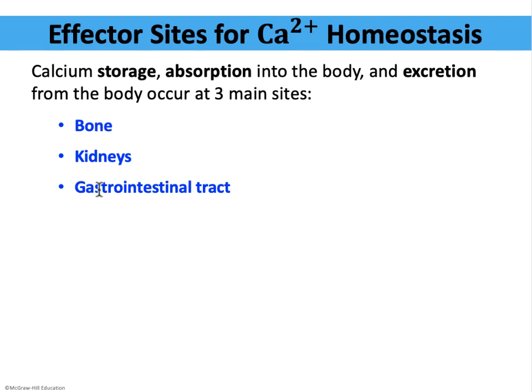Absorption takes place in the GI tract. Excretion takes place via the kidneys. So the coordination of these three locations would impact the amount of calcium in the body, and that's how the system works. Different substances, different hormones interact with these three locations, therefore maintaining a homeostatic relationship with calcium.